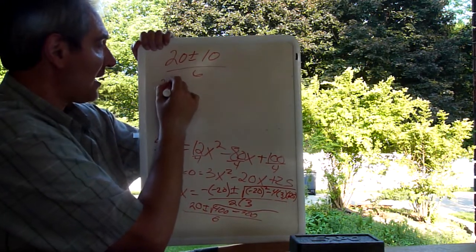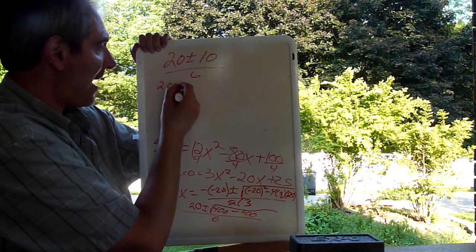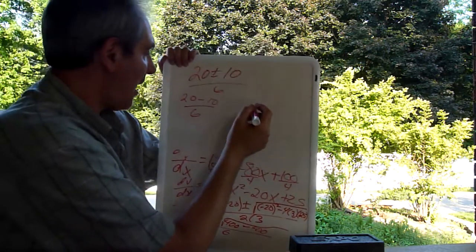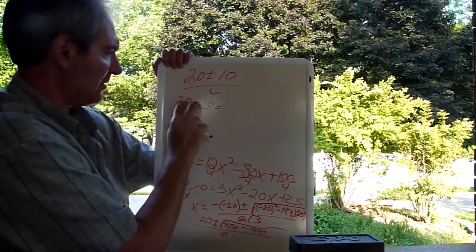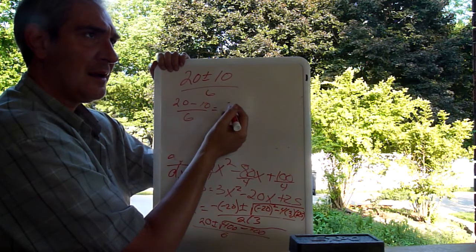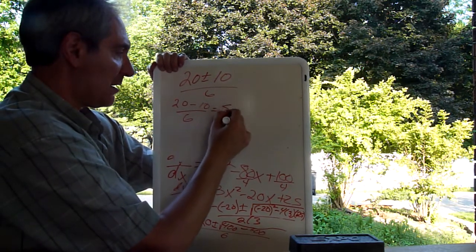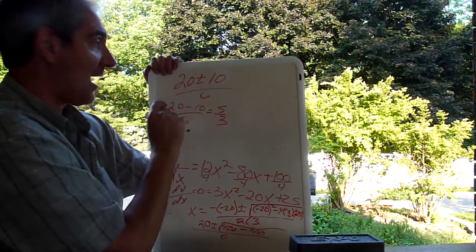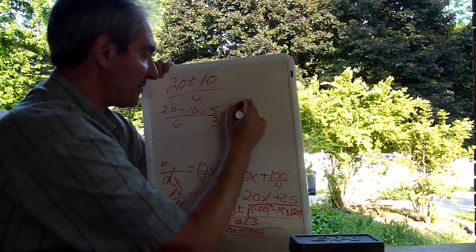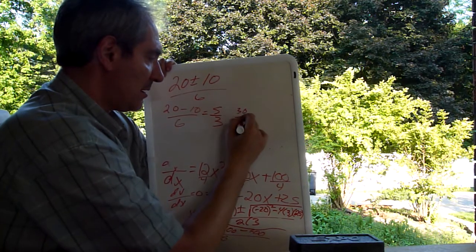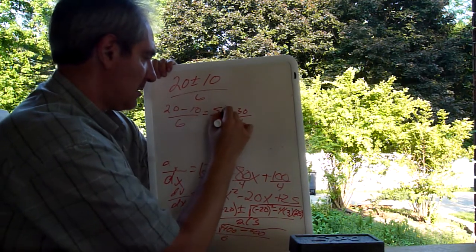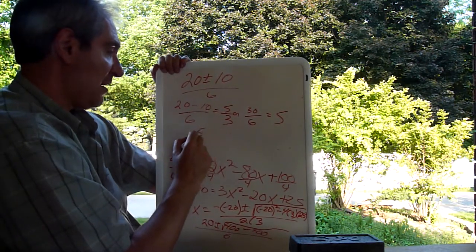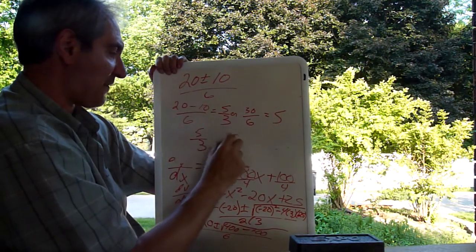So 20 minus 10 over 6, which gives us 10 over 6, that's 5/3. Or 20 plus 10 over 6, which is 30 over 6, which gives us 5. So our two answers are 5/3 as well as 5.